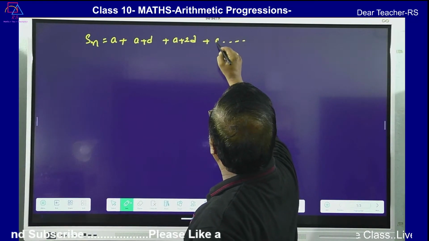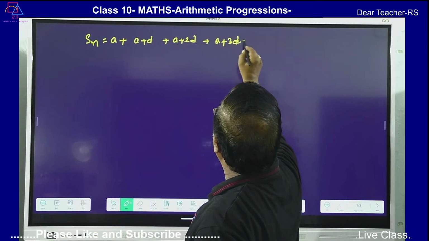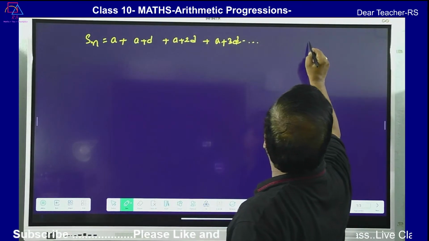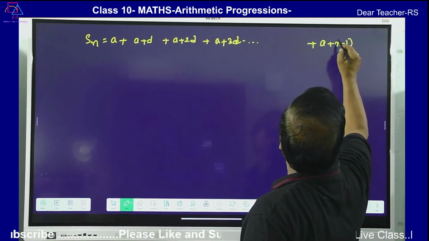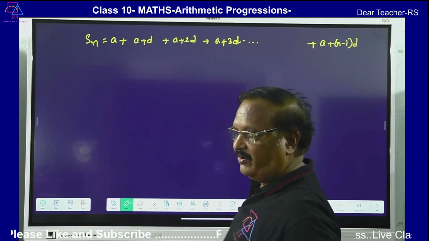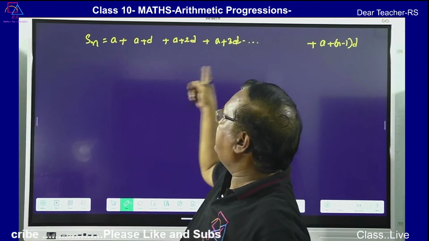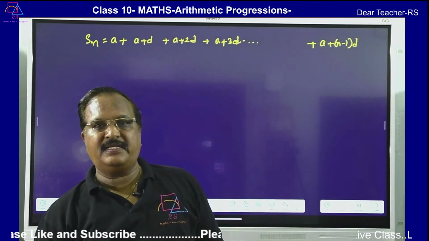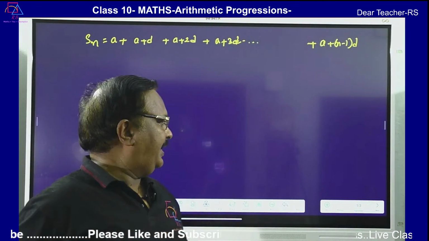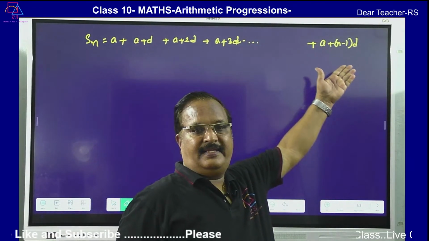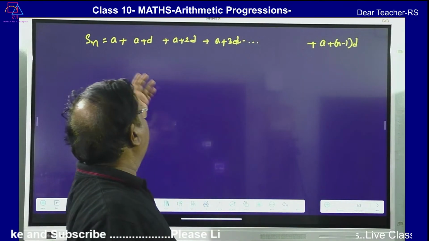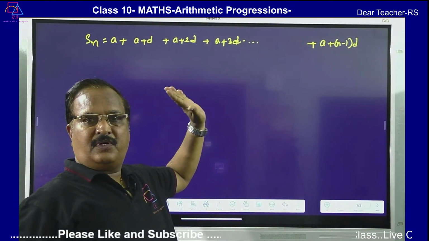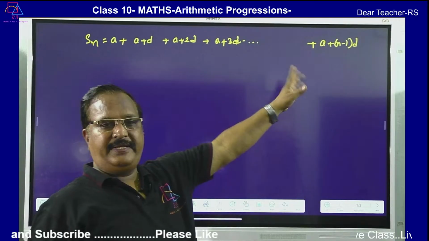I will write one more term also, a plus 3d, and so on. The last one is a plus n minus 1 into d. Our target is to add all these terms. So for that we have to derive a formula like this. Now I have written it in one order, ascending order, smallest term to the biggest term.